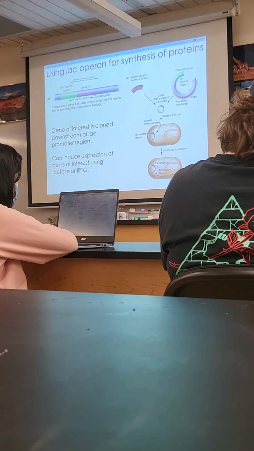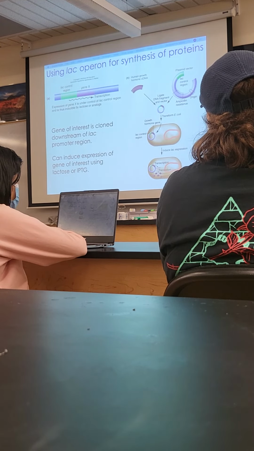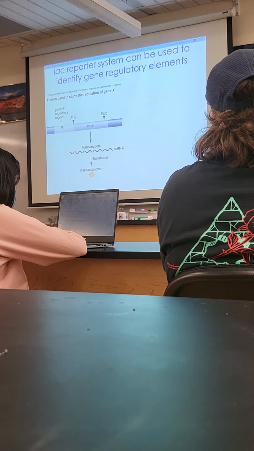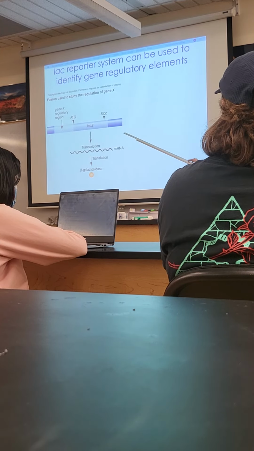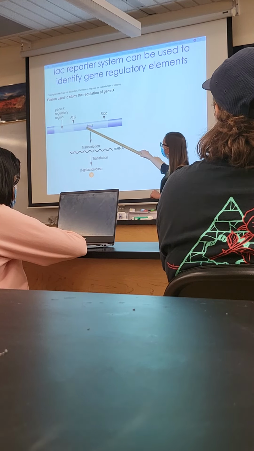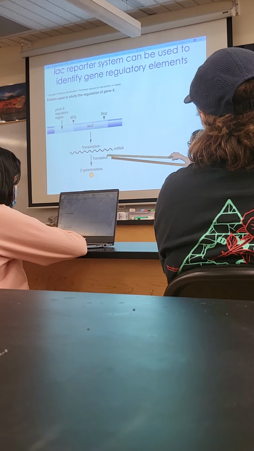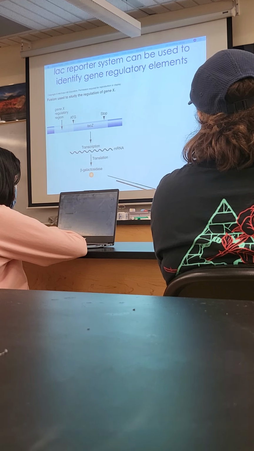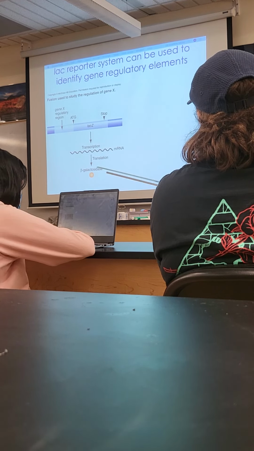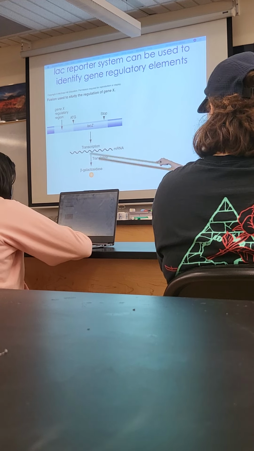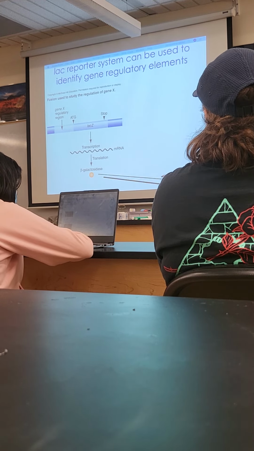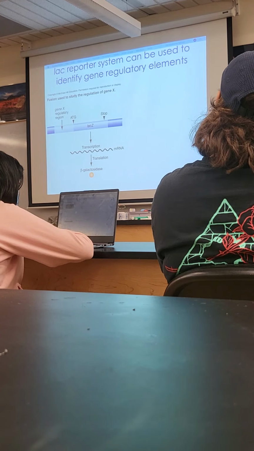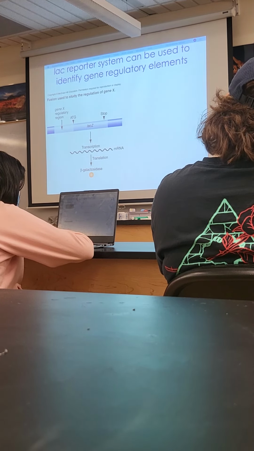Okay, so that's the idea of using the promoter sequence. People have also used the LacZ gene itself. This is useful because LacZ, oh, that's the word I was trying to think of, beta-galactosidase. The LacZ gene encodes beta-galactosidase. We know that it can process lactose, but it also can process other substances.